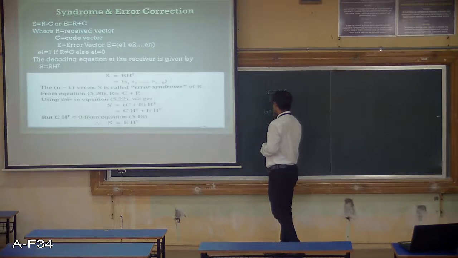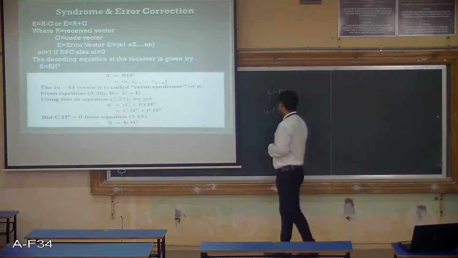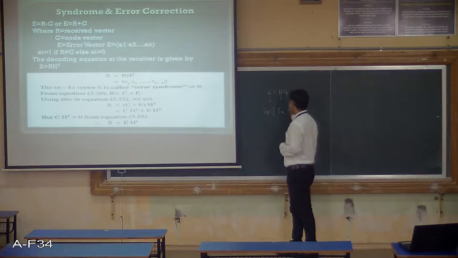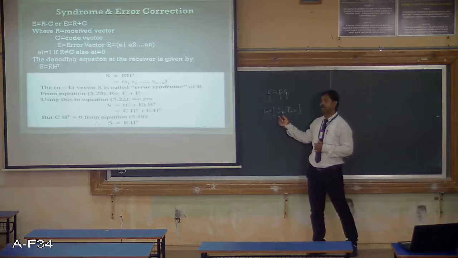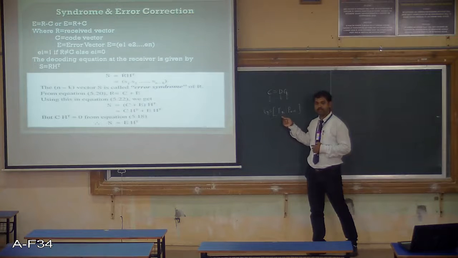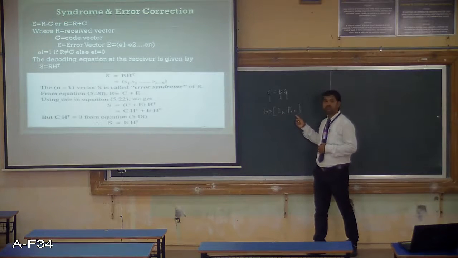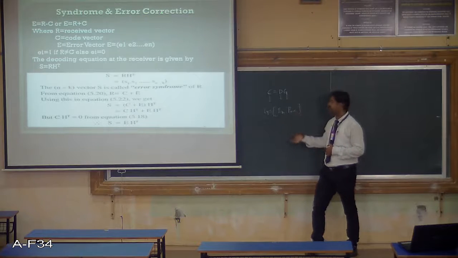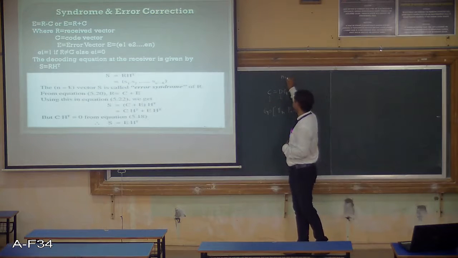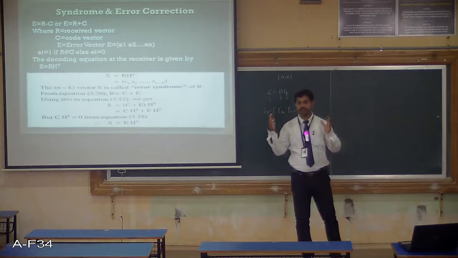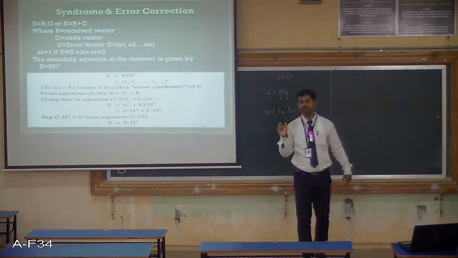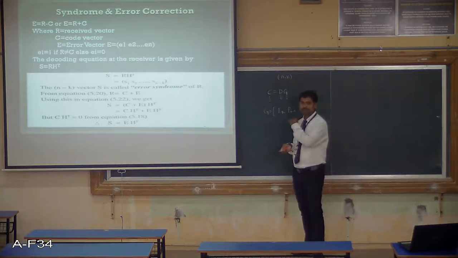The generator matrix is defined as I of k followed by P of n minus k, a combination of the identity matrix of order k and the parity matrix of order n minus k. Such a code we call an (n, k) linear block code, where n is the length of the code word and k is the length of the information bits.